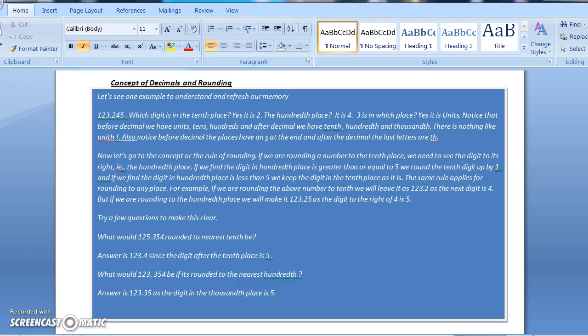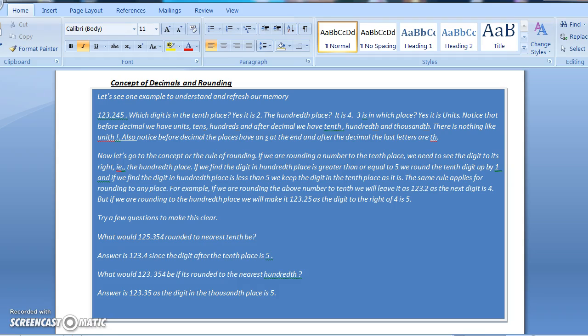What would 125.354 be rounded to the nearest 10th? Answer is 125.4, since the digit to the right of 3 is 5, we have to round 3 up to 4. How about this question?